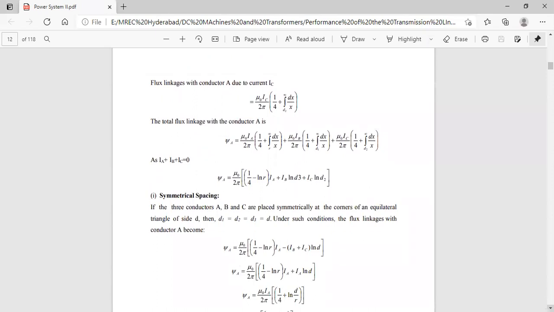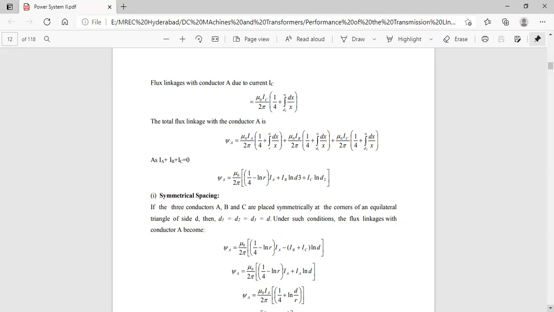Now, the flux linkage with conductor A due to current IC is mu naught into IC divided by 2 pi into 1 by 4 plus integration of d2 to infinity dx divided by x. Here d2 is the distance between conductor A and conductor C. So now the total flux linkage with conductor A is shown in the equations. Already we know that IA plus IB plus IC is equal to 0.